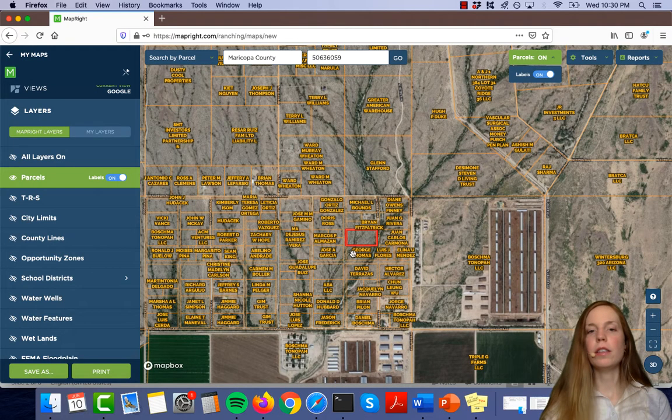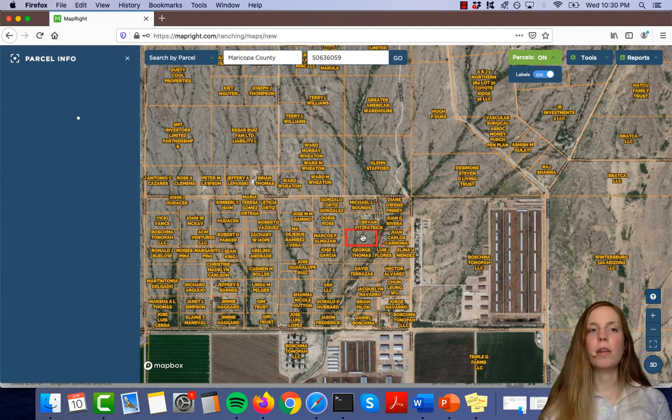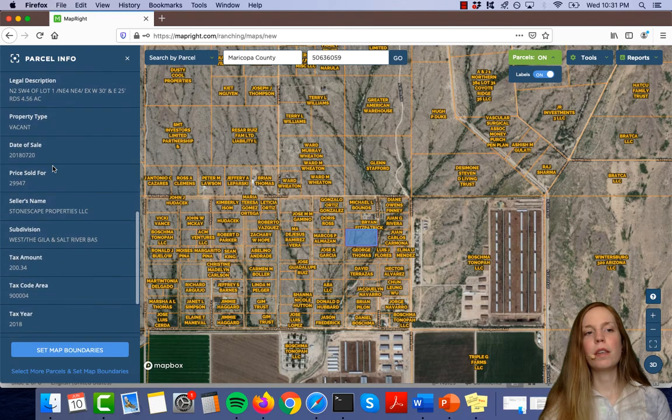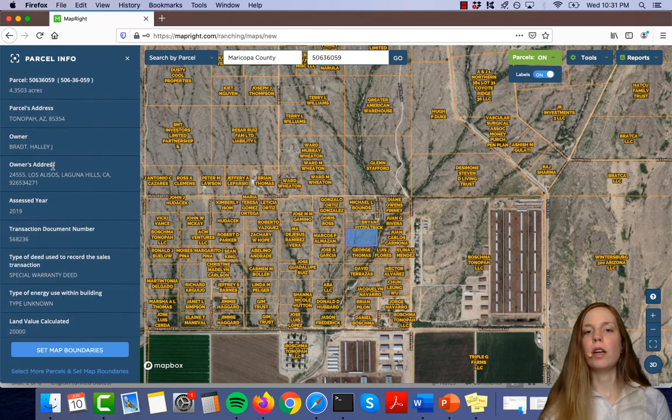Okay, and moving on to number 8, we have probably one of the most useful features. I keep saying this, but we have a lot of great parcel information. And I should say that this data comes from CoreLogic, which is one of the well-known data aggregators out there. So they aggregate data from counties and assessors across the US.